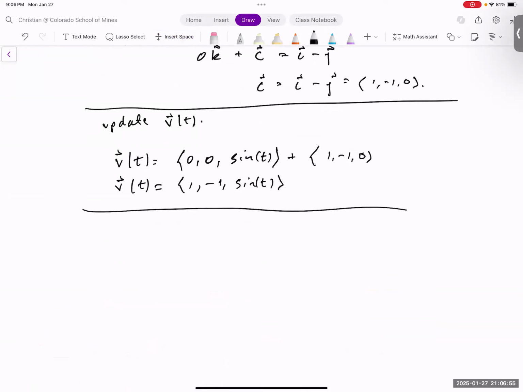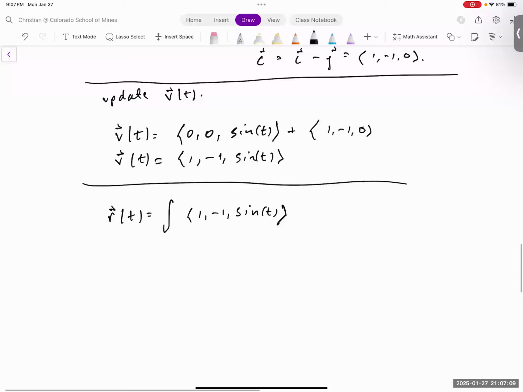All right, so now to recover r, that's the antiderivative of 1, -1, sine t dt. Find your antiderivative. This is t, negative t, negative cosine of t plus our constant, and that's r of t.